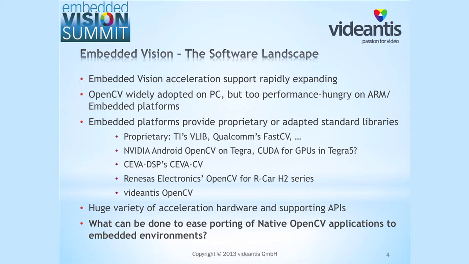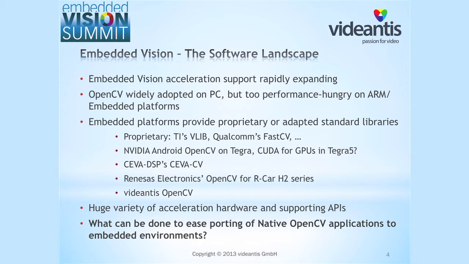We have the activities by NVIDIA for their Android OpenCV on Tegra devices. Just recently, they announced that for Tegra 5, they will also include programmable GPUs. We have CEVA DSP's CEVA CV. I just recently read a press release by Renesas for their automotive R-Car H2 series, where they announce OpenCV support for that platform, and we have something that we do.